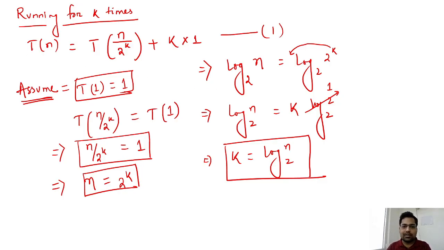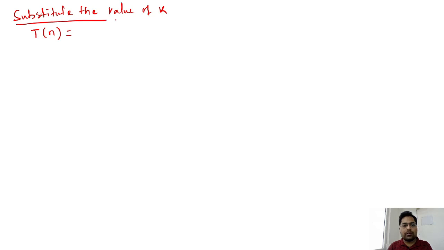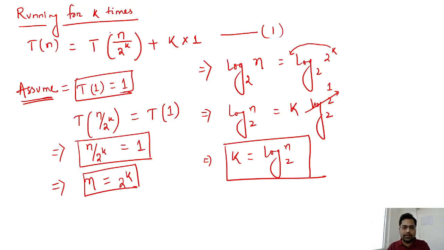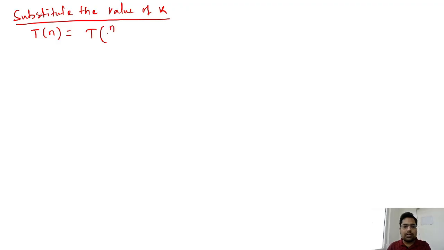This is how the iteration method works. Now I'm substituting the value of k. Here in T, though we reduced, I'm just putting the value of k there. I told you 2 to the power k is n, so I'm just writing n by n.